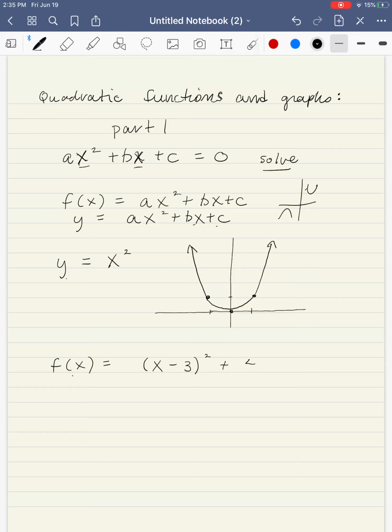So let's say I'm graphing (x minus 3) squared plus 4. So I want you to use your basic y equals x squared graph. Think about what your transformations are going to be, and then draw this function f of x using transformations. So pause the video, list your transformations, draw your new graph, and then turn the video back on.